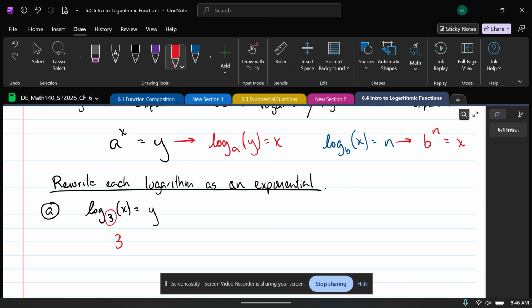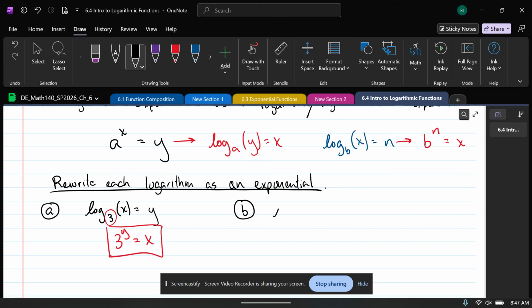What is the exponent for the exponential? Y. Whatever the log is equal to. Then there's only one place to put that x. And that's all we're doing there, just rewriting it. We're not trying to solve anything yet. We'll get to that in a little bit. Get to do plenty of that later on. Right now, we're just working on rewriting a logarithm as an exponential.